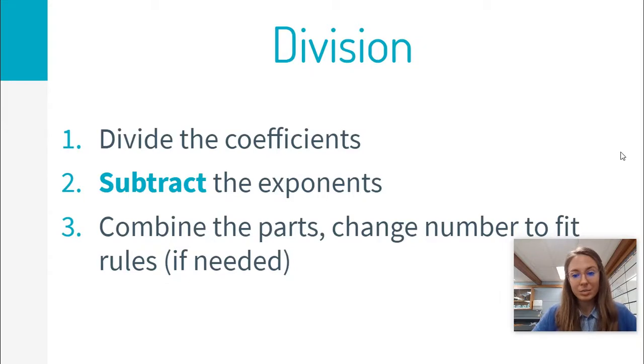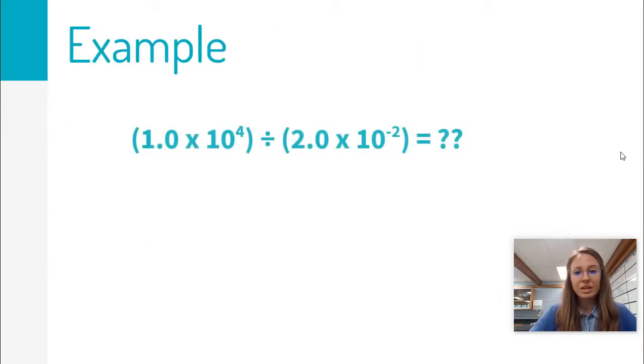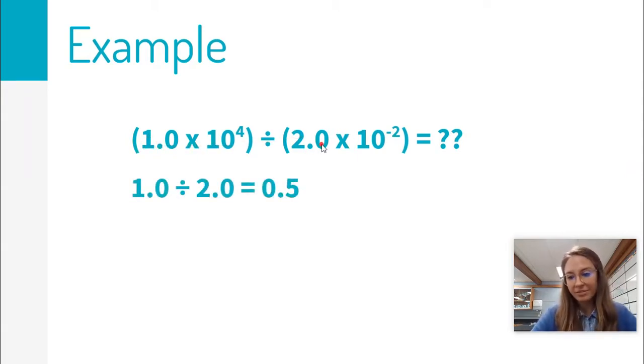So let's look at an example problem. Let's say that I am dividing 1.0 times 10 to the fourth by 2.0 times 10 to the negative second. The first step was to just simply divide the coefficients. So we are going to divide 1 by 2 to get a new coefficient of 0.5. The second step was to subtract the exponents.